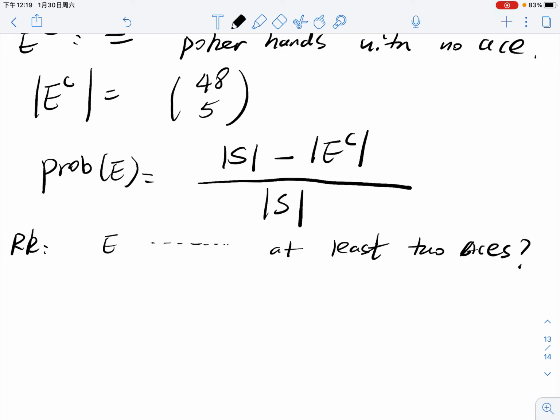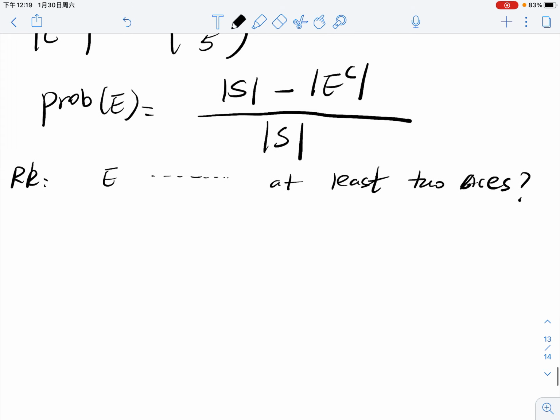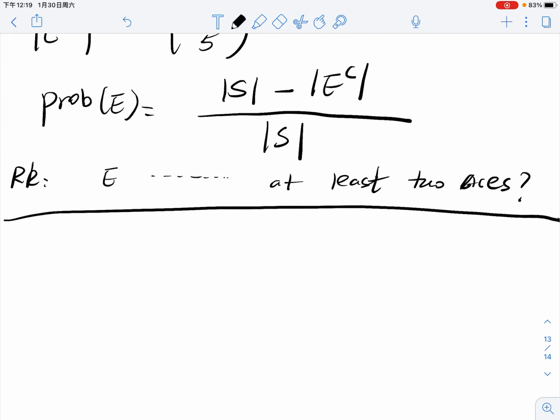Okay, I will not continue this. You might have quite similar problems asking for the probability of the event E, which is defined by contains exactly 2 pairs. You can find it in your textbook.